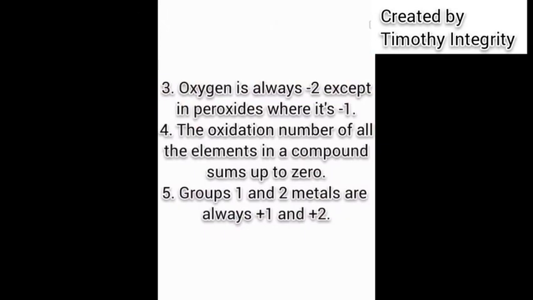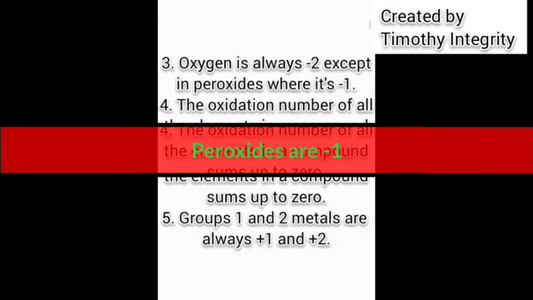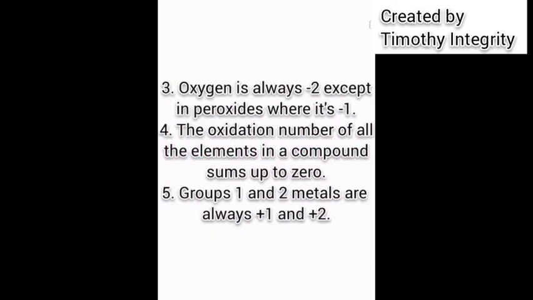And the third rule we are discussing here is oxygen has an oxidation number of -2 in compounds, except when it is in peroxide, that is where it will have -1. And the fourth rule says that the sum of the oxidation numbers of all the elements in a compound is 0. When you sum the oxidation numbers of every element in a compound, it gives you 0.